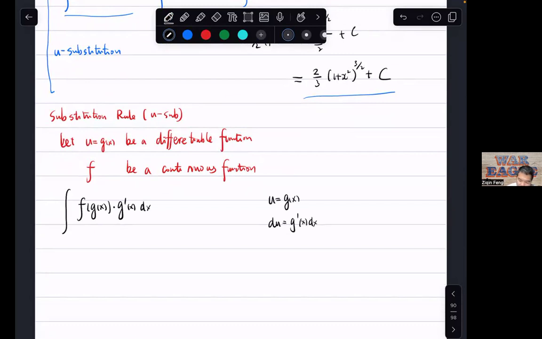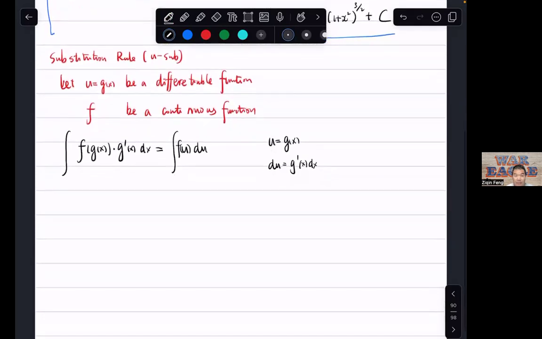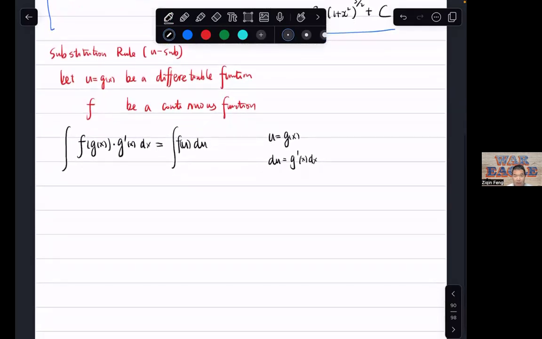So this one here can be written as integration f of u du, right? And f should be one of our elementary functions. And then you can apply the rule to get the antiderivative of this function, right? So this is called u-substitution.